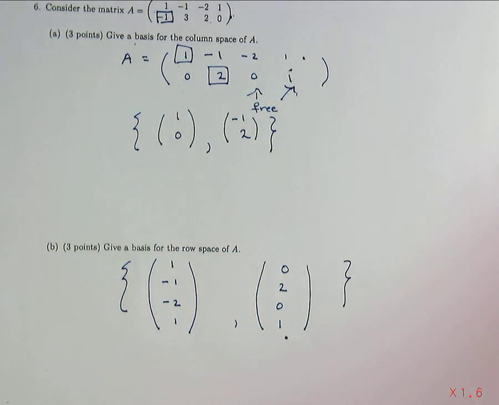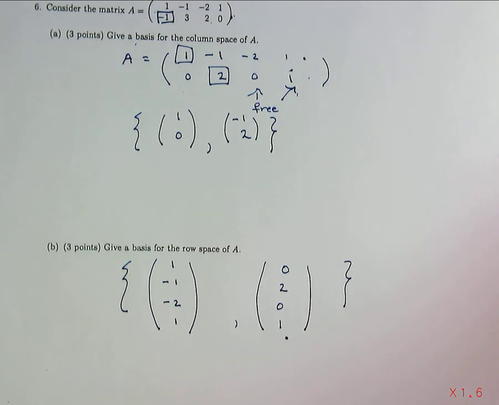And the second equation that must be satisfied would be that 2 chi sub 1 plus chi sub 3 would have to be equal to 0.